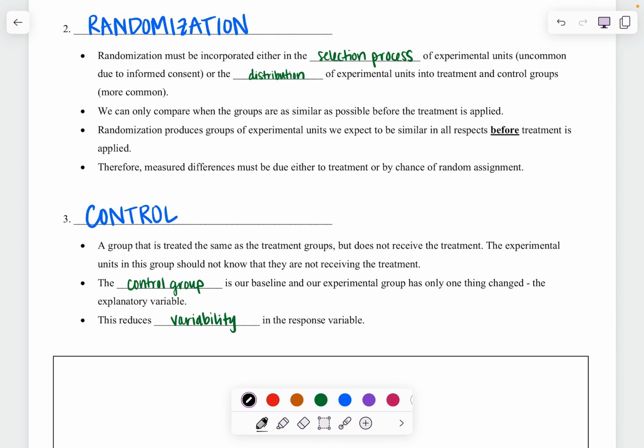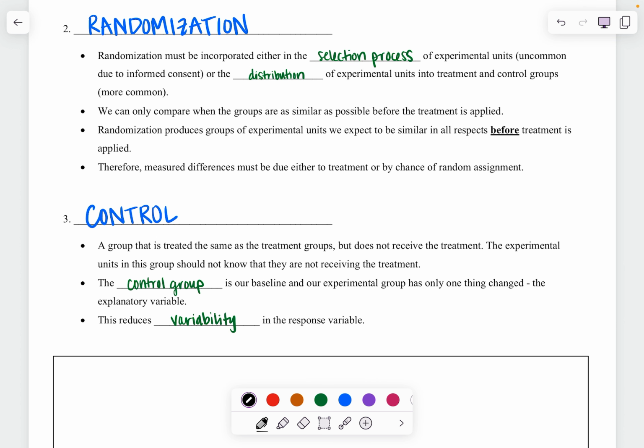That's fairly normal. But in experiments, I just can't go out into the world and pick 100 people and say, okay, now you're a part of this medical study. You have to take this drug, and we're going to see if you have heart problems after you take it. You can't do that to a person ethically. So because of that, we have to incorporate randomness in a different way.